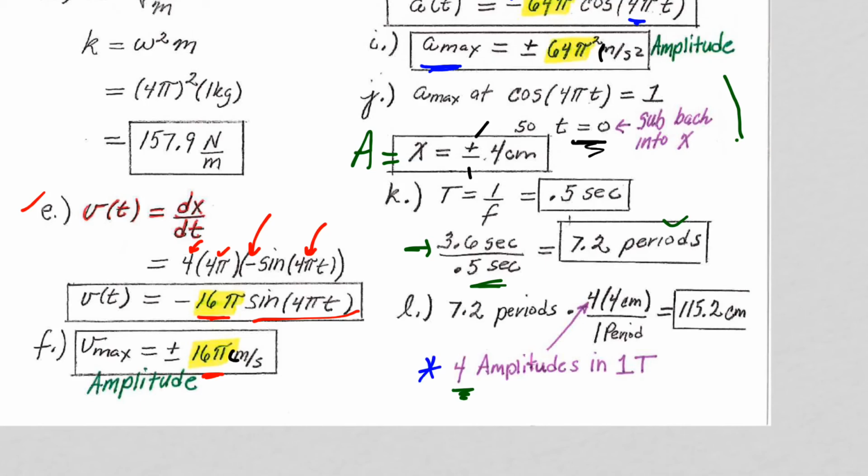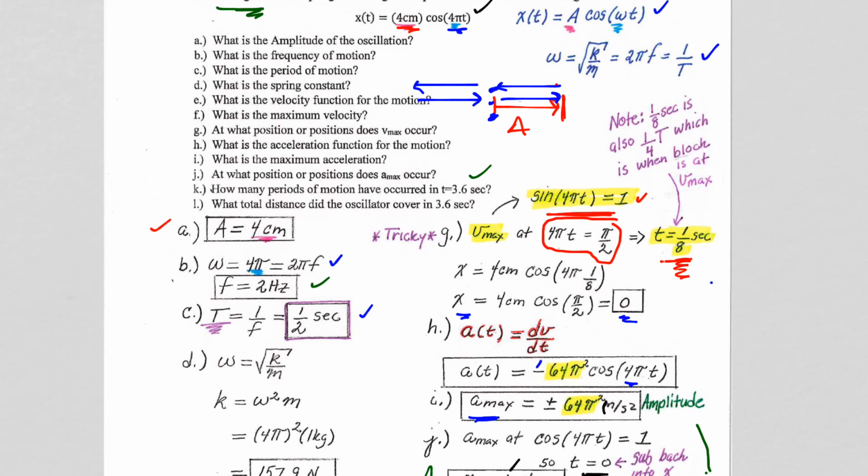Make sure that you understand that a period of motion is 4 amplitudes. Why is it 4 amplitudes? It is 4 amplitudes because I have a negative amplitude out here, I have a positive amplitude out here. When we started our motion, we were here, so we went 1 amplitude to the center, 2 amplitudes to the other end, 3 amplitudes of total distance traveled, and then 4 amplitudes of total distance traveled to complete the oscillation.